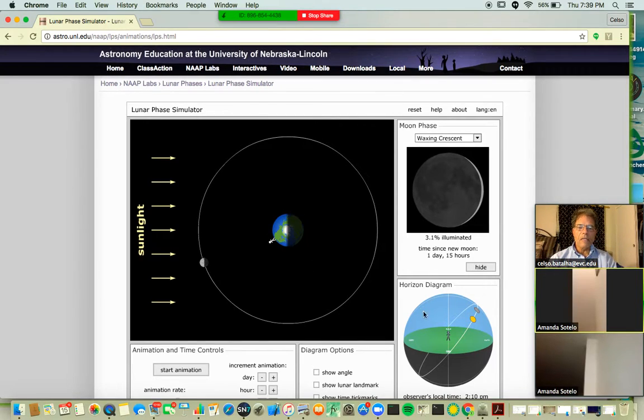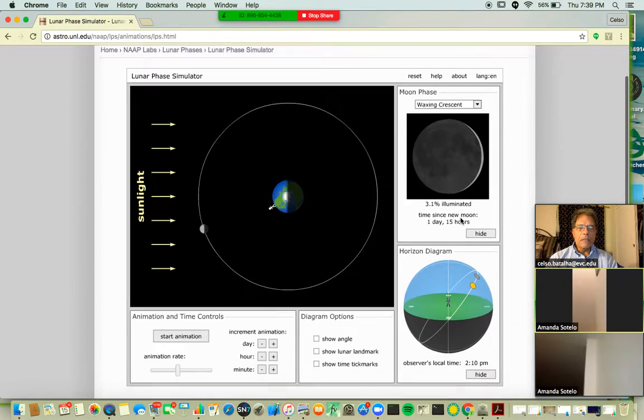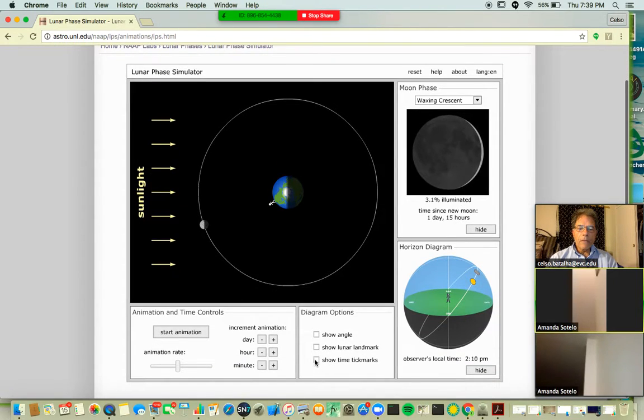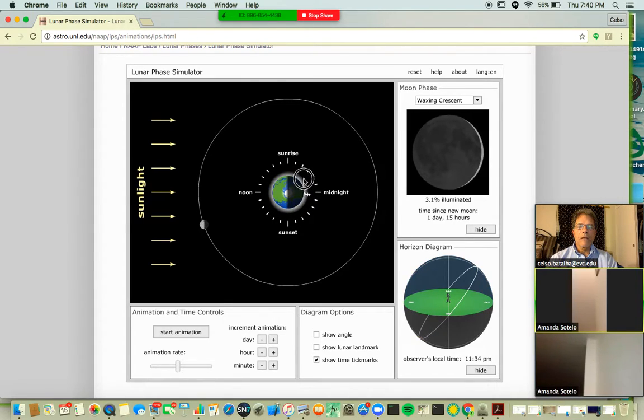The sun moves us. It also gives the ability of showing time. See that? Sunset, midnight, sunrise, noon, and so on.